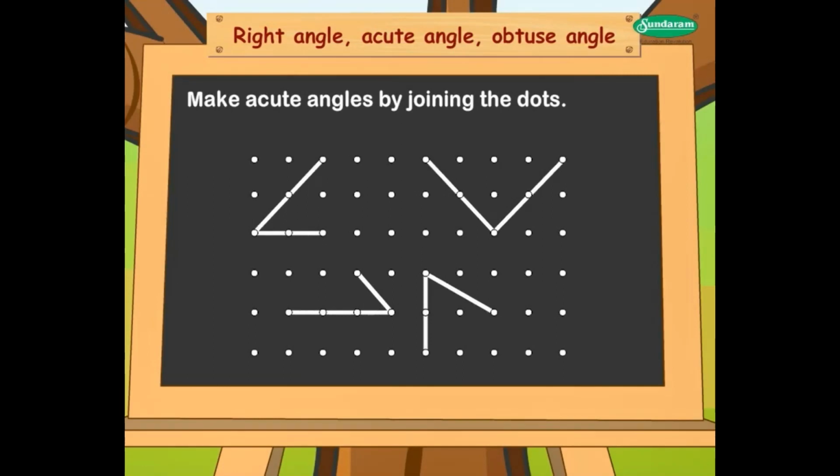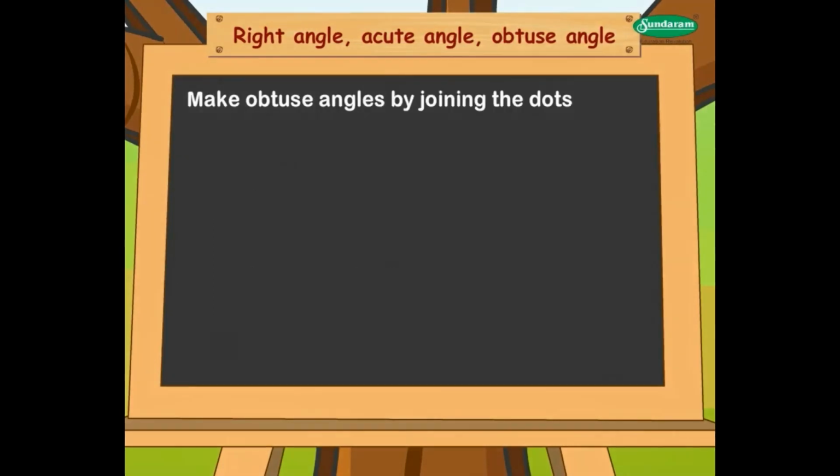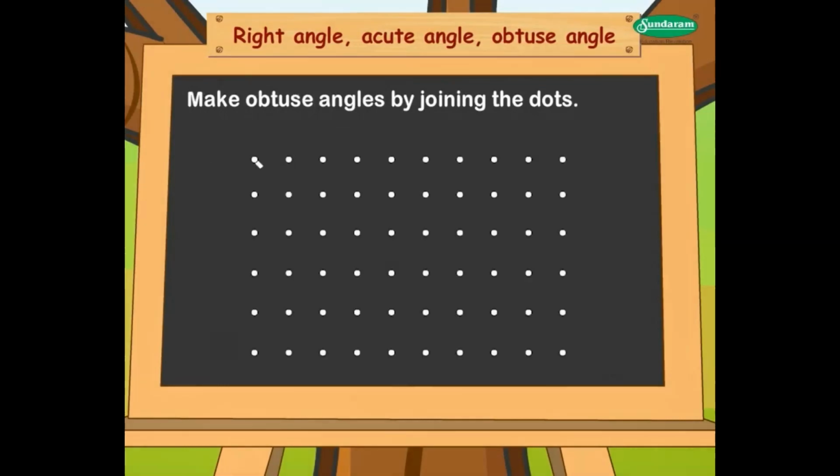Correct. Make obtuse angles by joining the dots. Very good.